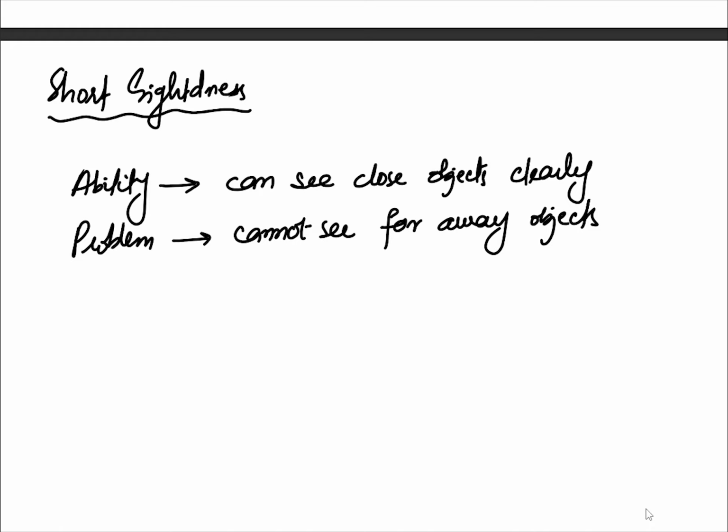For example, if they're standing at a point and they have to look across the hall, across the road, or just look at the number plates of a car that is slightly far away from them, they may be unable to do so. They will look at a blurry image. Now, this is a problem that they may face. Now, this is again a gross generalization, right? It's just an average generalization. It doesn't happen with everyone, but generally this is what's happening, or this is what the trend is.